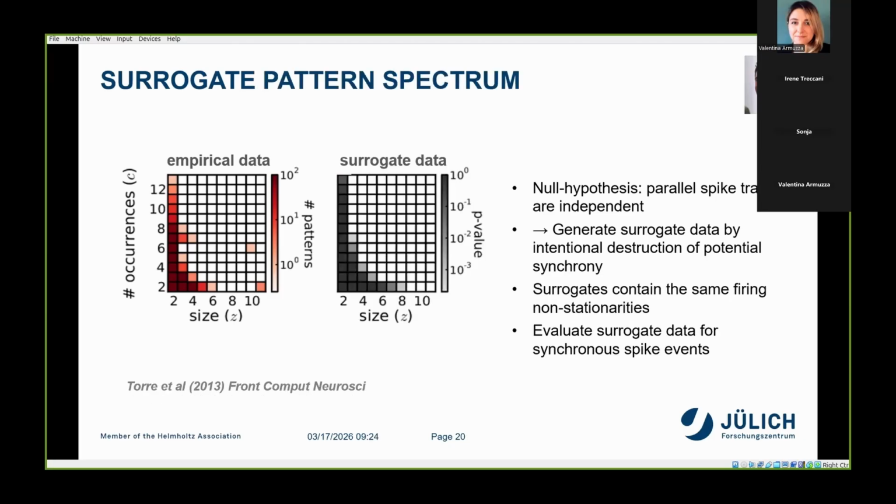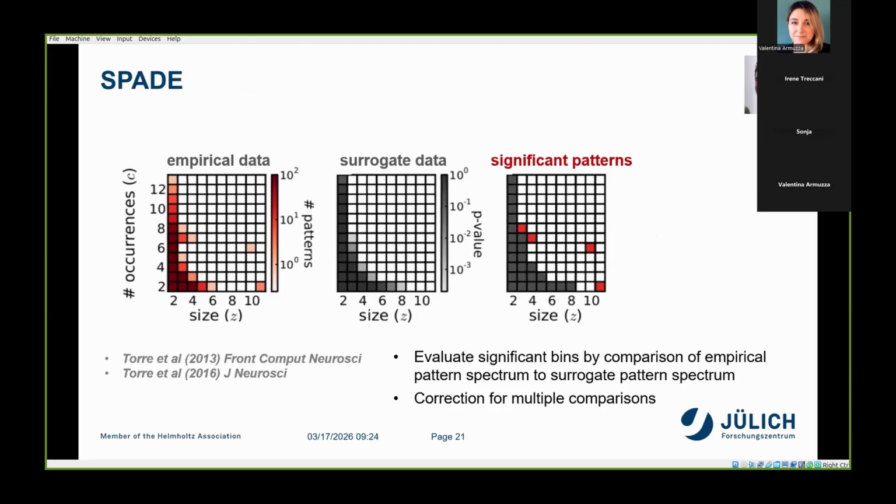Then we compare the empirical spectrum with the surrogates. If you have enough surrogates, you can express this surrogate pattern spectrum as a p-value, and you can directly take out the individual bins of this pattern spectrum.